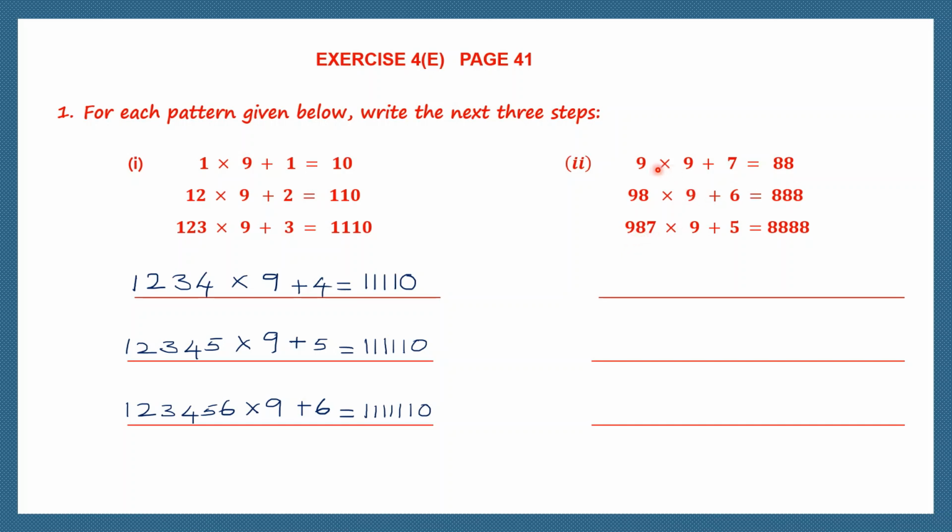So what's the pattern? 9, 9 and 8, 9, 8, 7. So this will be 9, 8, 7, 6. Let's write that down. 9, 8, 7, 6. So the next one will be 9, 8, 7, 6, 5. Then 9, 8, 7, 6, 5, 4.